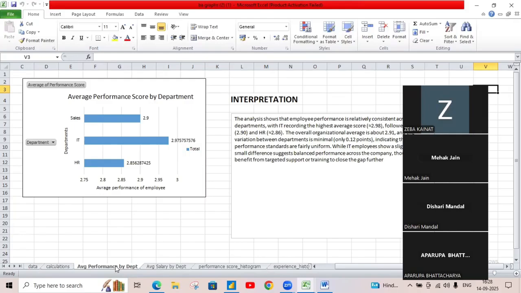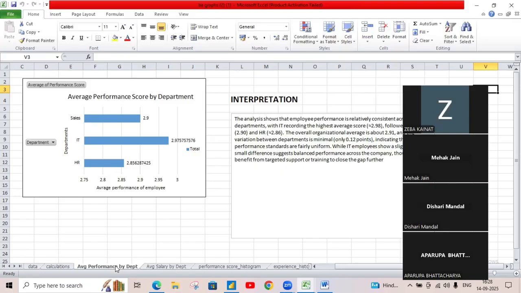So in this sheet, we have used a bar chart to show the average performance by department. It shows HR has an average performance score of 2.86, IT averages slightly higher at 2.98, and Sales stands at 2.90.